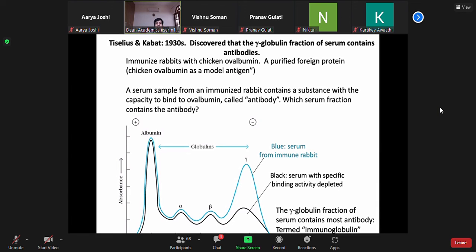This serves as a model antigen, and it would not be a hyperbolic statement if I say that almost 70 to 80% of the phenomena that you know of today in immunology have come from this protein. Chicken ovalbumin.